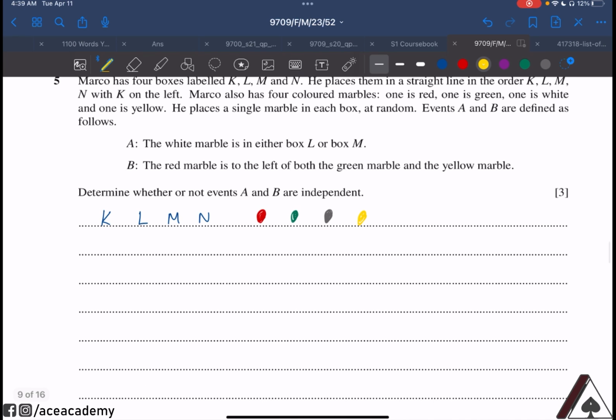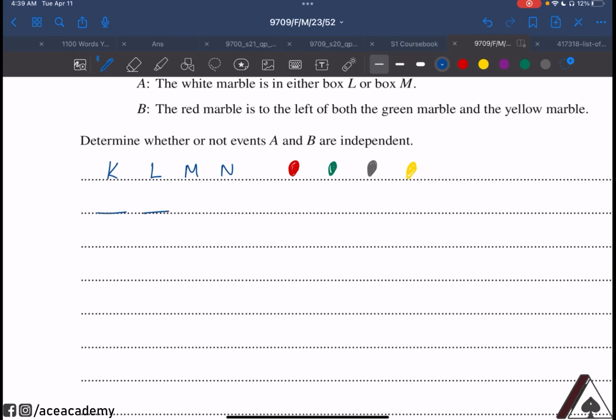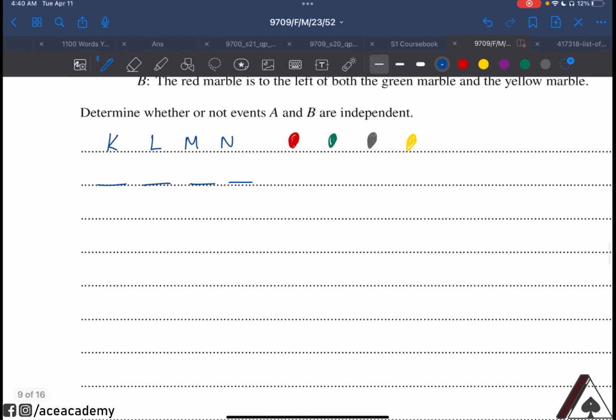Alright, so let's look at probability A. Event A. The white marble is either in box L or M. There are 4 boxes for the 4 marbles, and let's assume that the white marble is in L. So there are 3 other spaces for the 3 marbles, so they can be arranged in 3 into 2 into 1 or 3P3 ways.